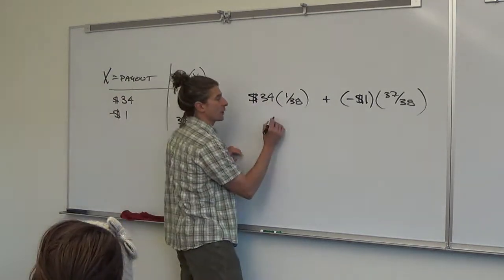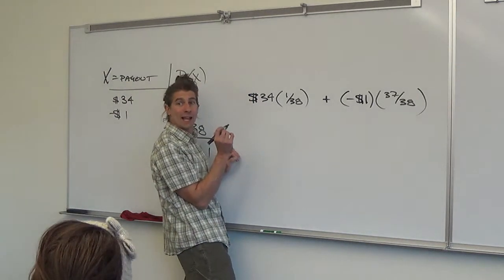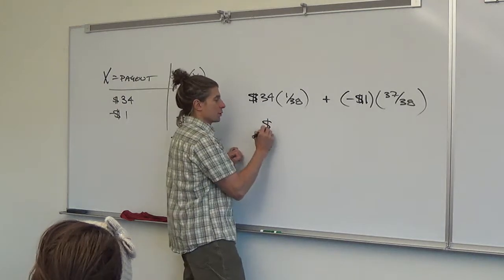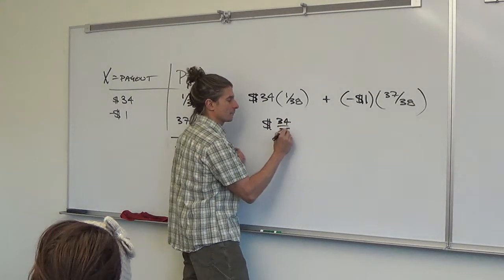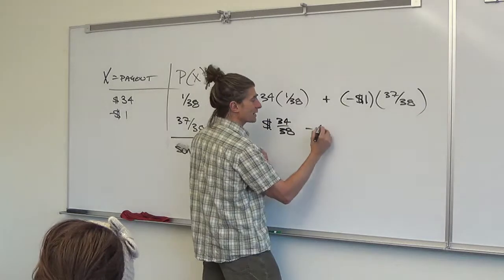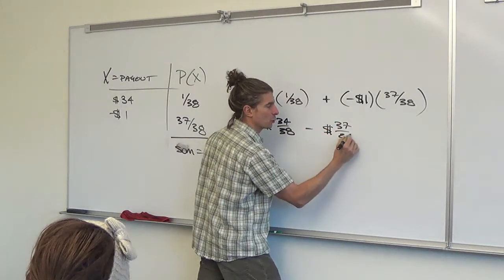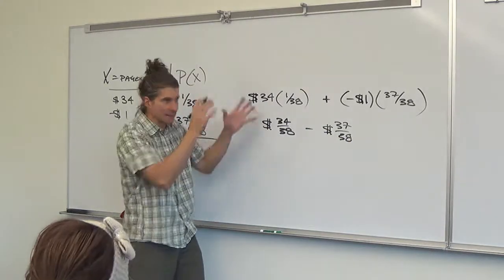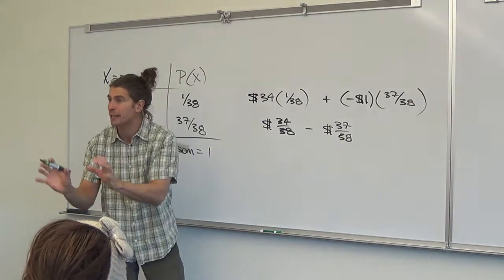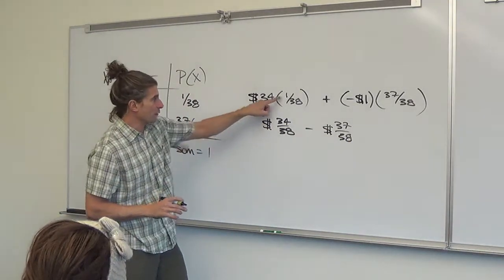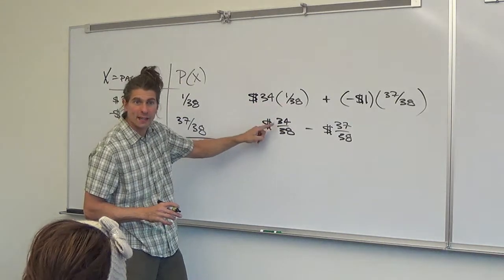So it's 34/38. Now remember, this is dollars, yes? So you've got 34/38 minus 37/38. Everybody following that? I'm just doing some fractional work here because I can't knock these fractions down in my head. I want to need your TIs to do this for me. So I did 34 times 1/38. That's 34/38.